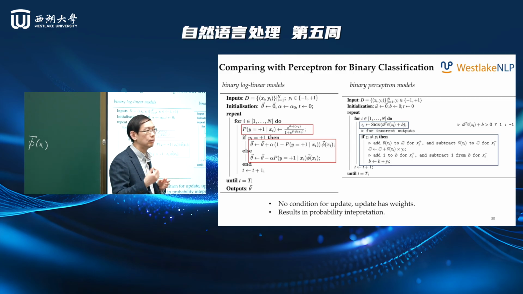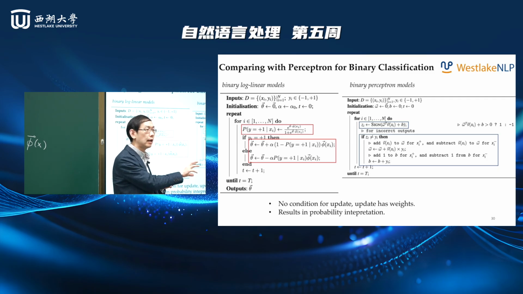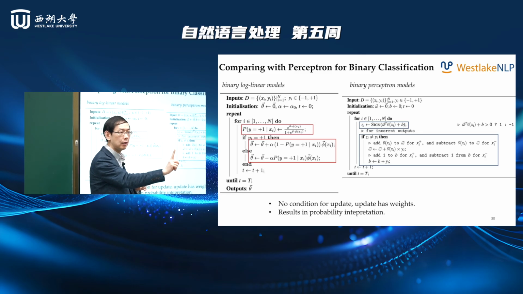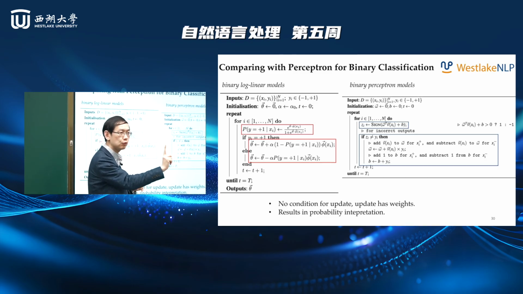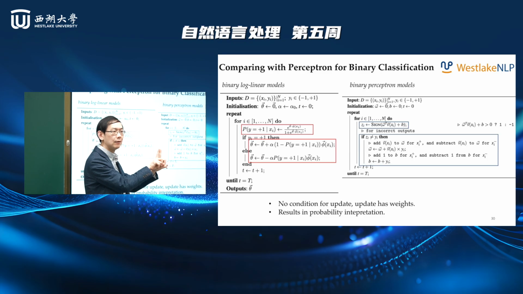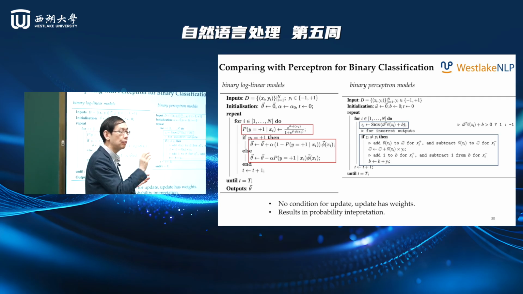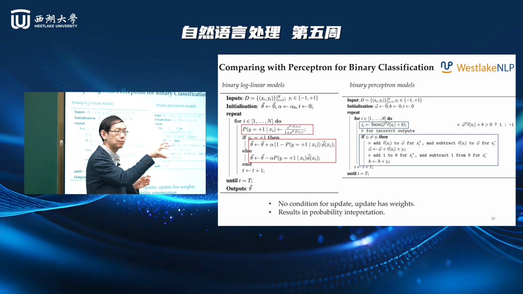Why do I need to weigh my phi? Think about it. I always add phi to theta unless the probability of my positive sample is 1. If the probability of the positive sample is 1, then 1 minus 1 is 0, and I don't update my model parameters. But as soon as it's less than 1, I update my parameters using 1 minus this probability. What does it mean?